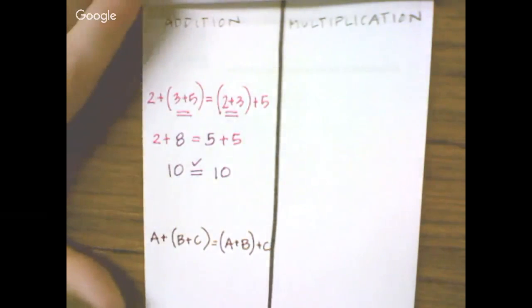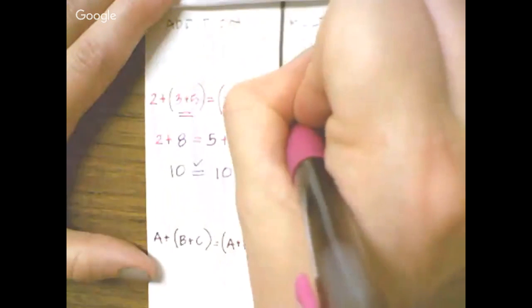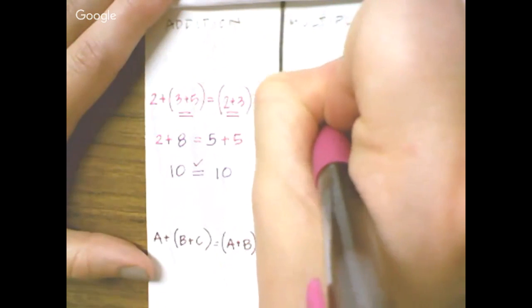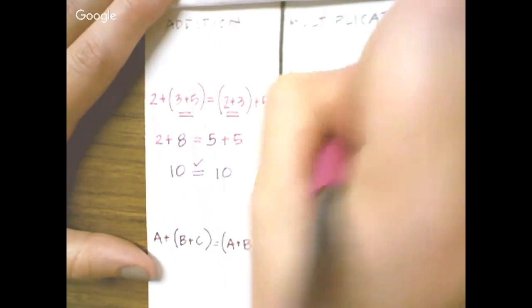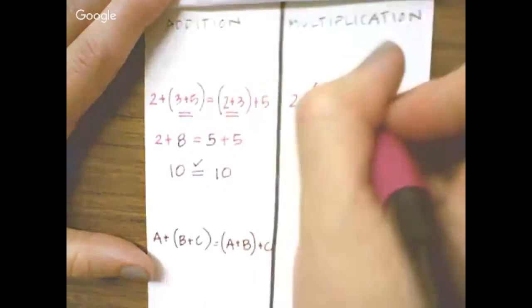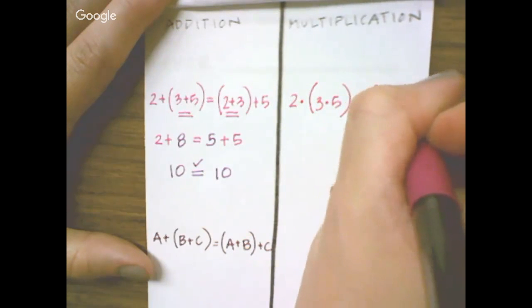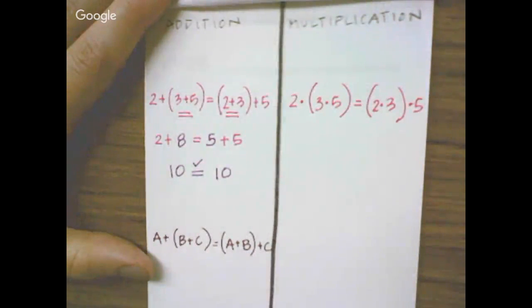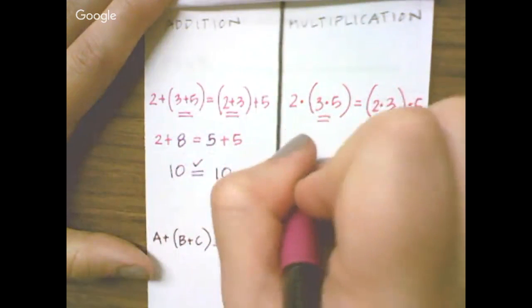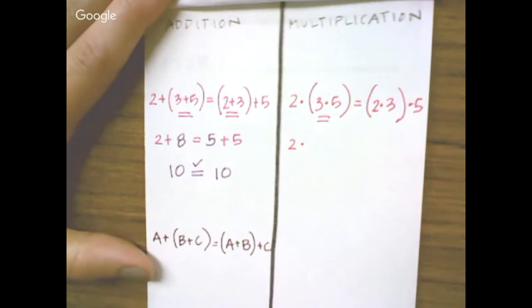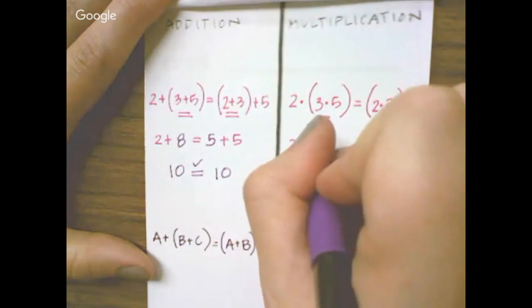For multiplication, this is saying if I have 2 multiplied by 3 times 5 in parentheses, that should be equal to 2 multiplied by 3 multiplied by 5. So let's do order of operations. This will be 2 multiplied by 15.